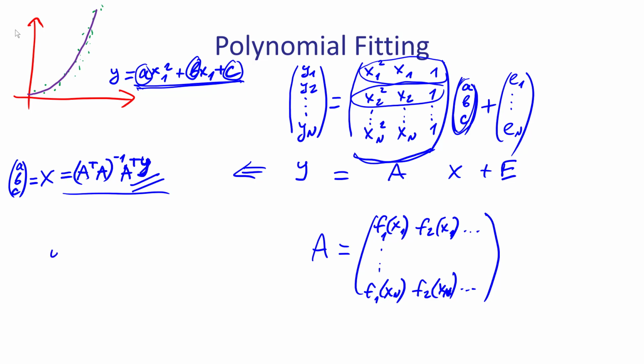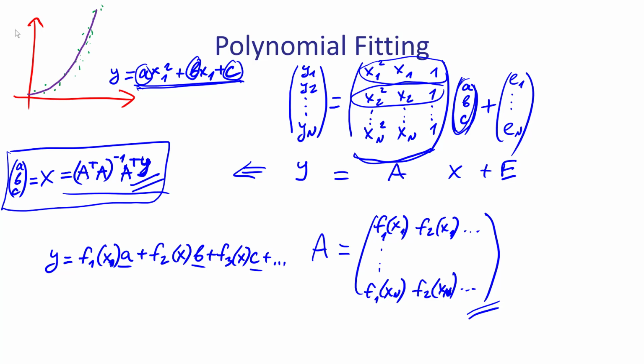Just your general model will be y equals f1 of x multiplied by a, plus some other function of x multiplied by b, and then some general function of x multiplied by c, and so on. Depending on the number of parameters that you want, which are a, b, c, and so on, the size of that matrix will change. But other than that, you still will have exactly the same solution like that.